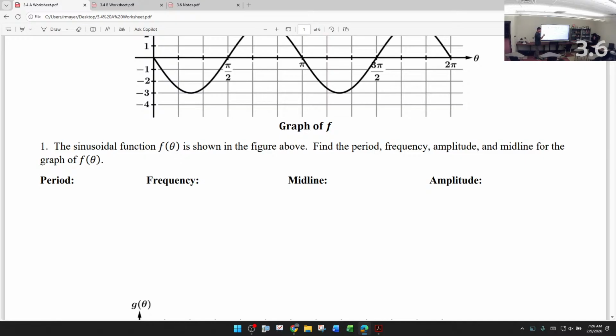Frequency is the reciprocal of that. Midline is halfway between the top and the bottom. Amplitude is from the midline to the top or the midline to the bottom. Amplitude is always positive. It's a distance. So don't ever tell me the amplitude is negative. It will be wrong.